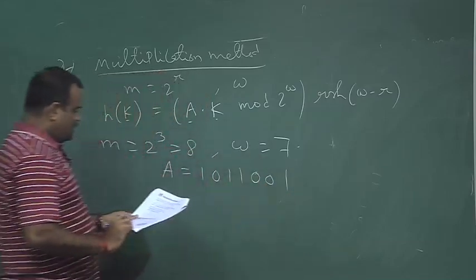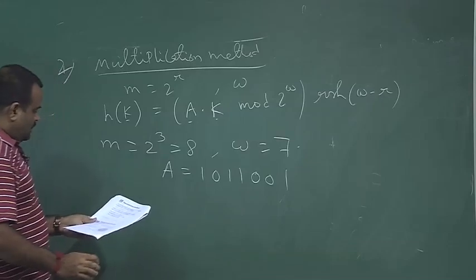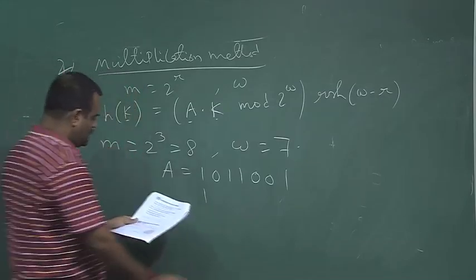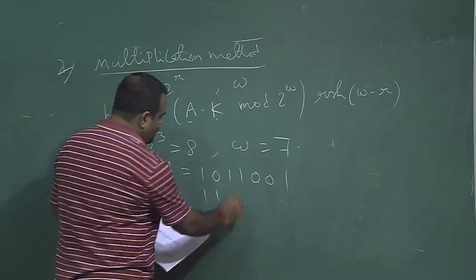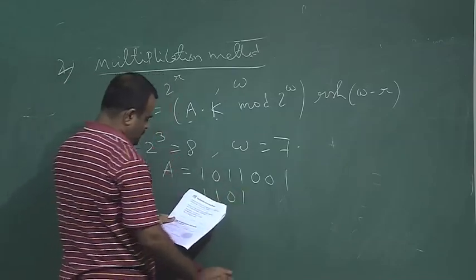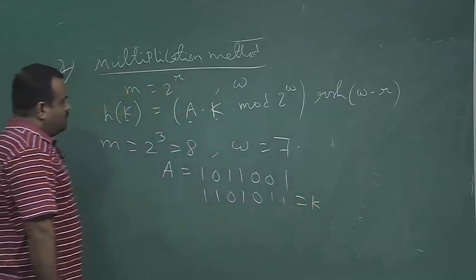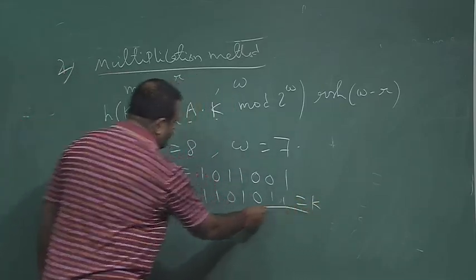So, this is our constant a. Now, suppose we choose a k to which we want to apply the hash function, 1 1 0 1 0 1 1. Suppose this is the k and we want to apply h of k.